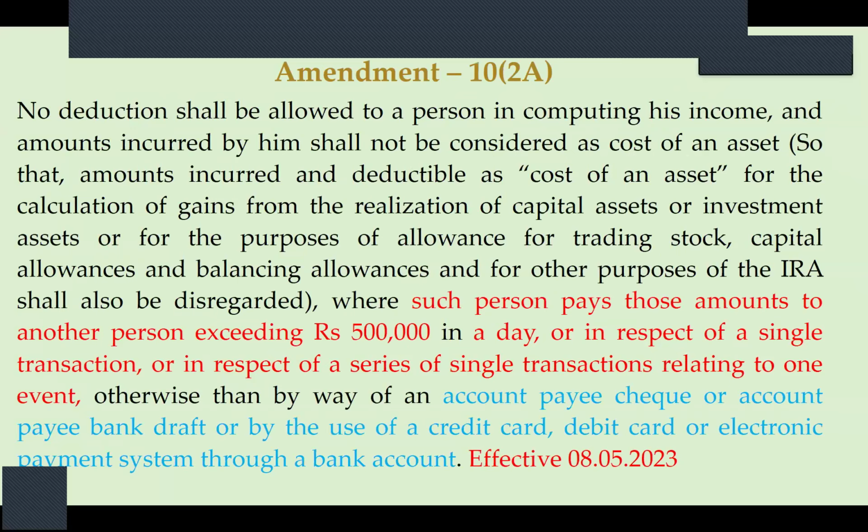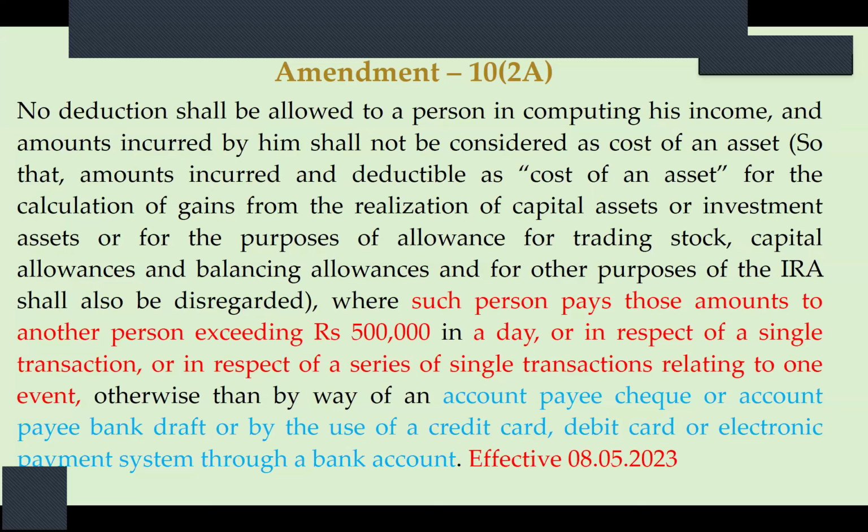Then this is a new amendment, included in the last amendment. No deductions shall be allowed to a person in computing his income. That means if a person is making a payment exceeding 500,000 and that person made that payment in cash, that is not allowable as a deduction.